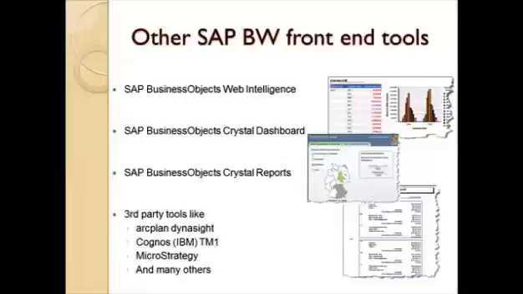So now those tools are integrated with BW, so we can use those tools to analyze data coming out of the SAP BW warehouse. At the same time, we can also use certain third-party tools. Some of them are displayed here. So a company has lots of choices in terms of reporting and analysis tools that can be used with SAP BW.